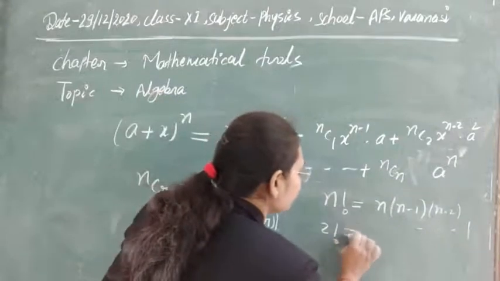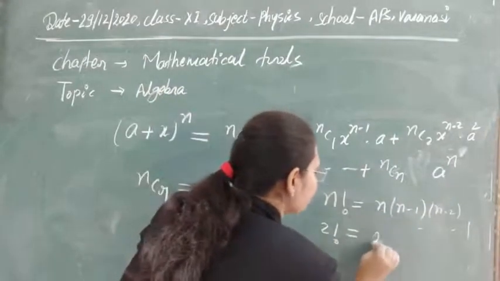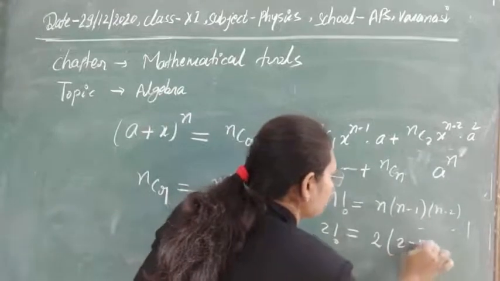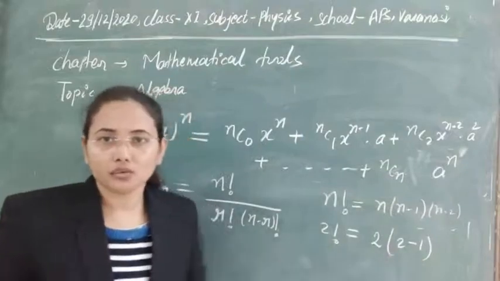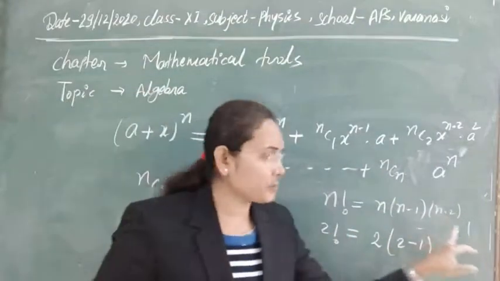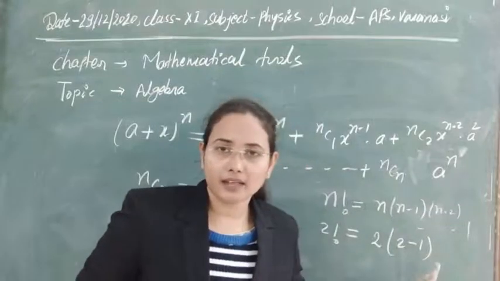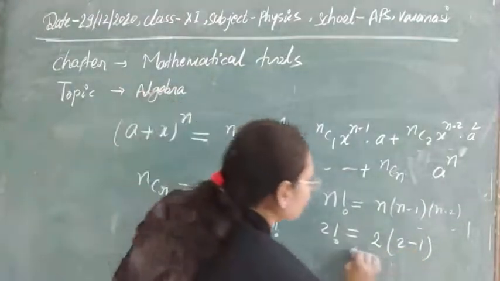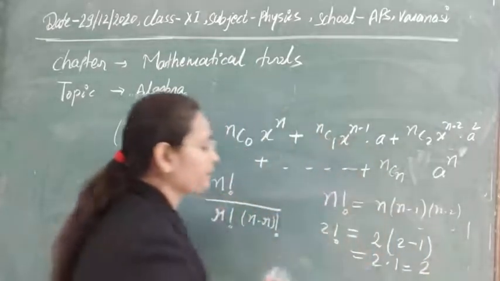From this formula, n is 2, then 2 minus 1, and if you solve 2 minus 1, we get 1. I just told you that you have to expand the factorial until you get 1 at last. So the value of it will be 2 into 1, which is equal to 2.